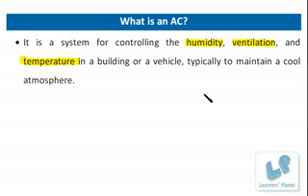So basically, air conditioning is the process of altering the properties of air, primarily the temperature and humidity and ventilation too, to more favorable conditions. And more generally, air conditioning can refer to any form of technological cooling, heating, ventilation, or disinfection that modifies the condition of air. So it is a system of basically maintaining a cool atmosphere, right?